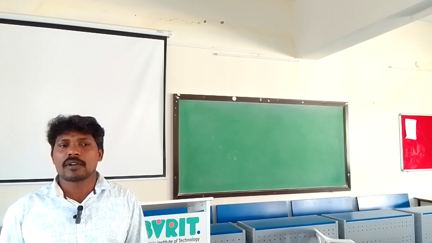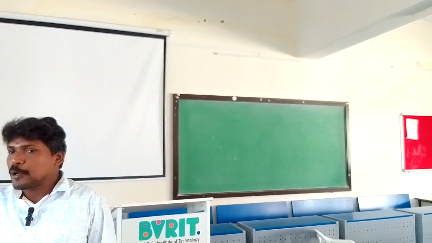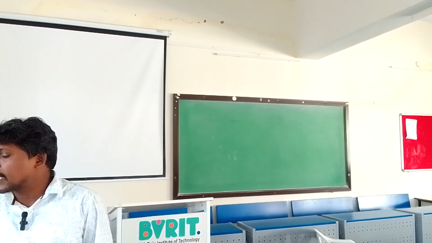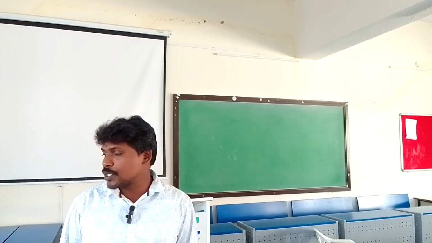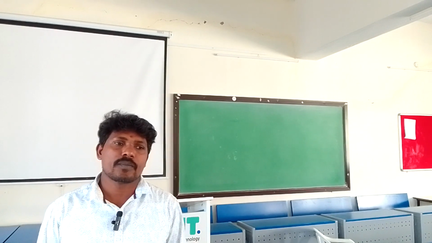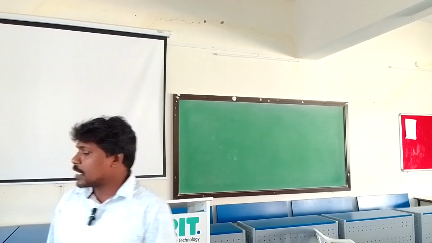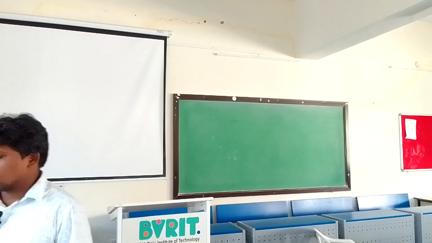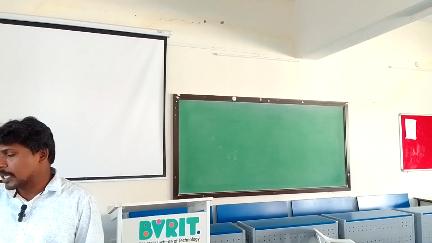Smith and Van Ness, we call generally. Okay, so the title: Introduction to Chemical Engineering Thermodynamics. Book title name: Introduction to Chemical Engineering Thermodynamics. Okay, that is the book name and the author's name.